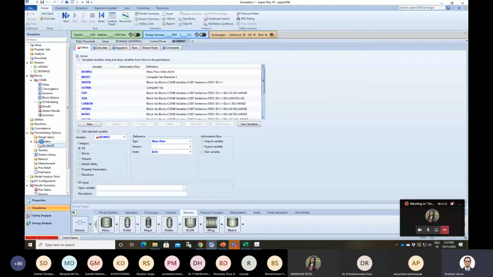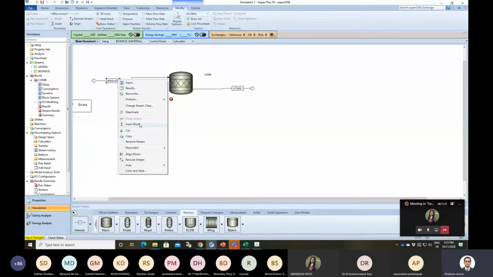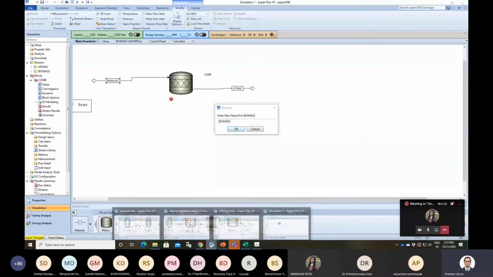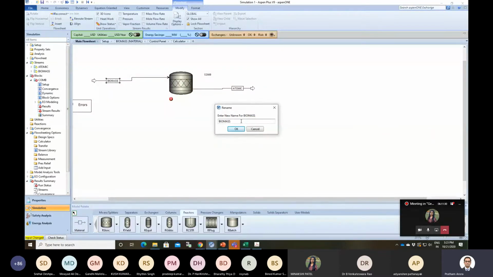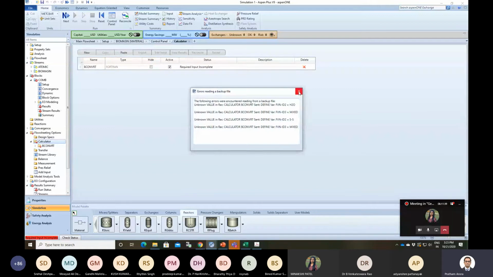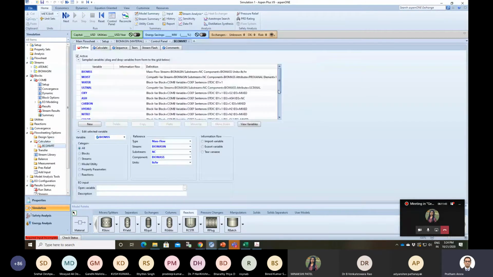I'll delete this calculator and rename the stream. Let me check it again. It was biomass in. Okay, and I can go and paste it again. And this is going to work fine.